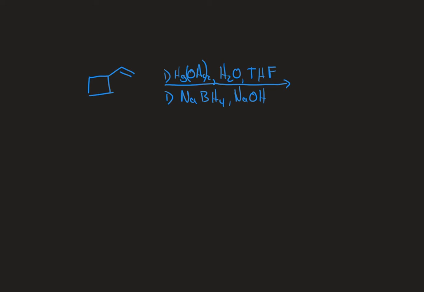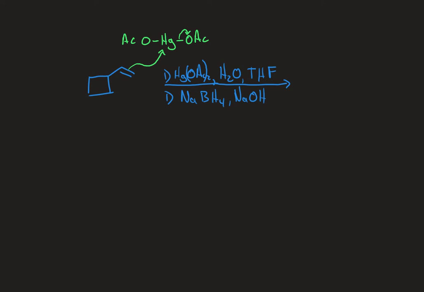And so the first thing I want to do is redraw this mercury acetate to show some bonds. And mercury is a Lewis acid or an electrophile. And so it's going to accept some electrons from the nucleophilic alkene, which is going to kick off an acetate.